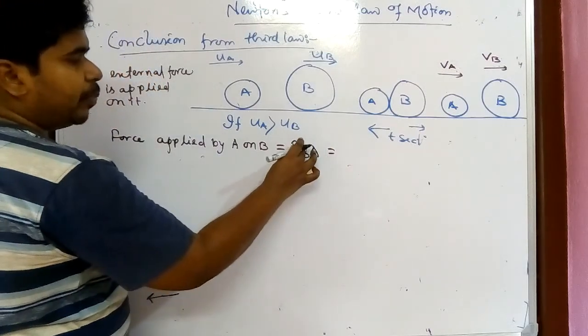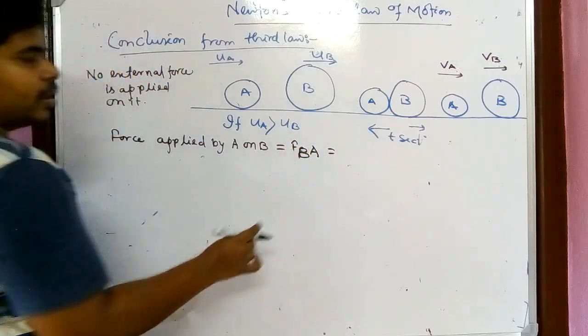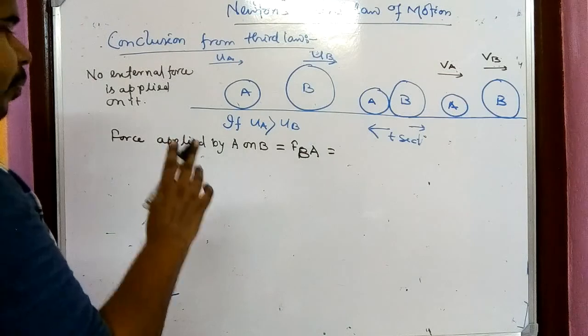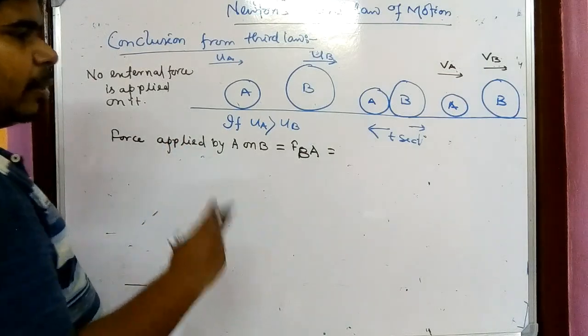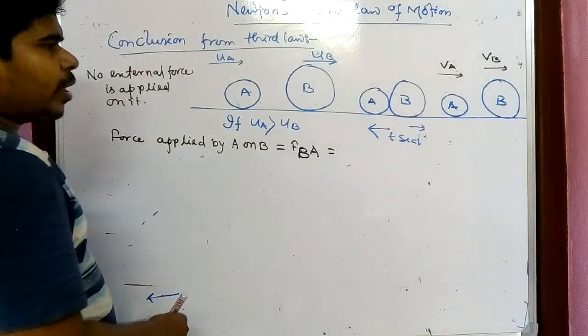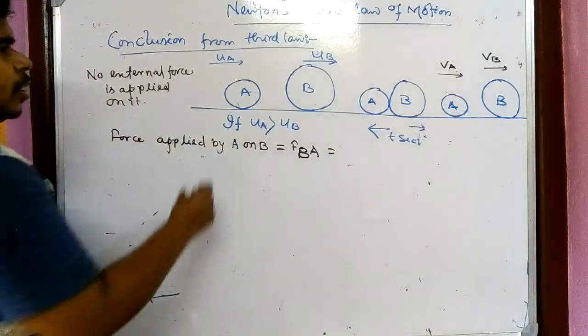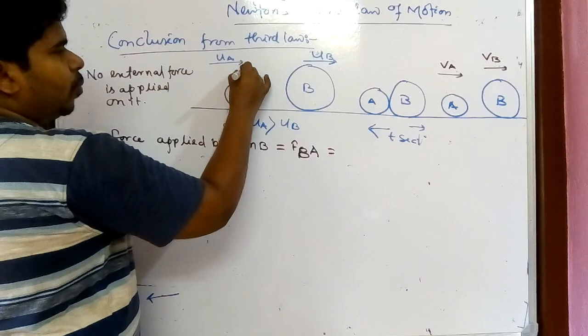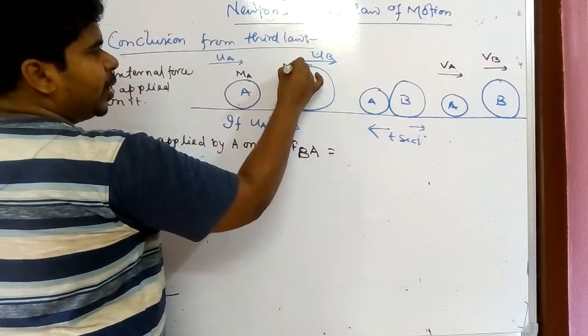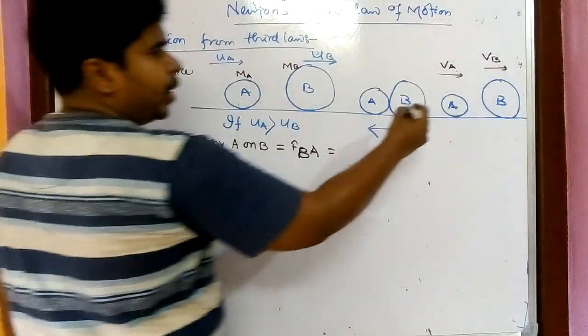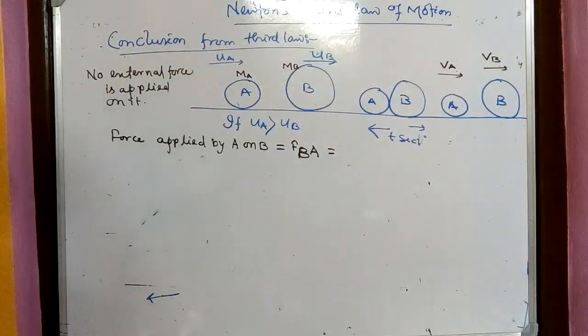FBA represents the force on B by A. How can we understand it? Assume the mass of body A is MA and the mass of body B is MB, and here the mass should remain constant.